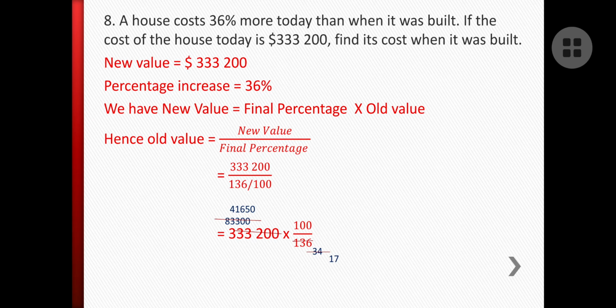So first I did with 4, then I did with 2. 34 by 2 is 17, and 83,300 when you divide with 2 you will get 41,650. Then I divided directly with 17. When you divide directly with 17 you will get 2,450. Okay, you can do your own method.